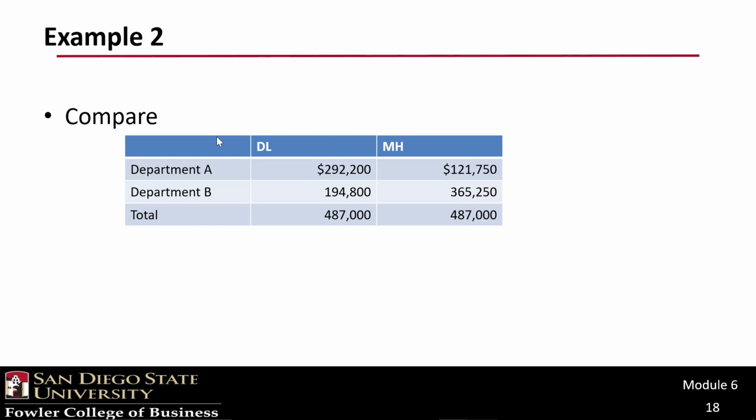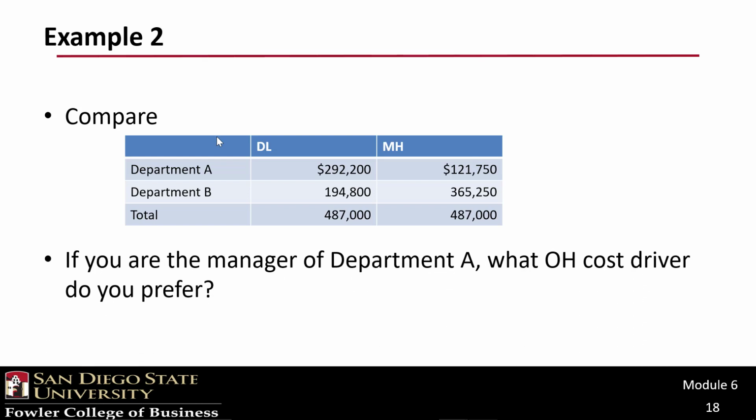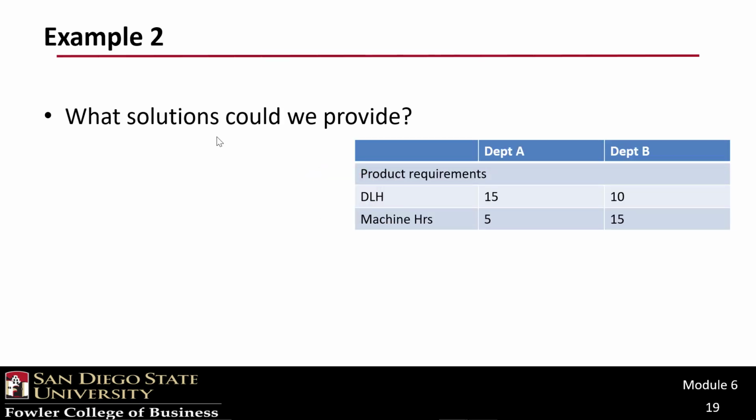So for example, if you're the manager of Department A, which allocation rate would you prefer? And clearly you'd go with machine hours. Department B is likely to prefer direct labor hours. So we need to be able to provide a better solution.